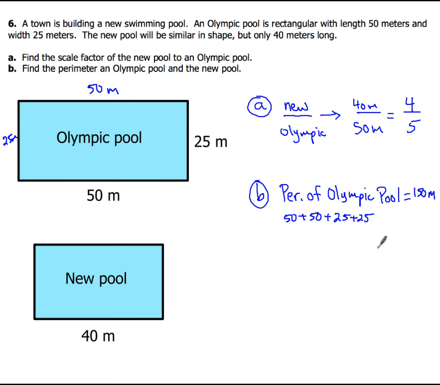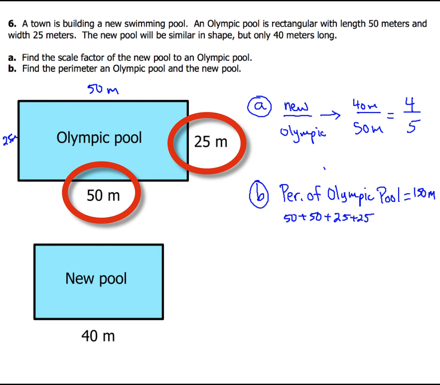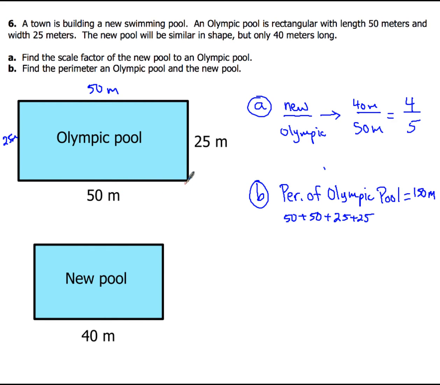To find the perimeter of the new pool, we're going to take a look and analyze our Olympic pool, because they're in a certain ratio of the side length, so I want to take a look at that ratio. If you look at the ratio of the length to the width, that is in a 2-to-1 ratio, because here's 50 and the other side is 25. So if I were to reduce that 50 over 25, that gives me a 2-to-1 ratio.